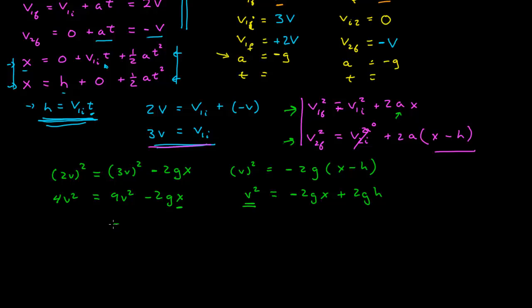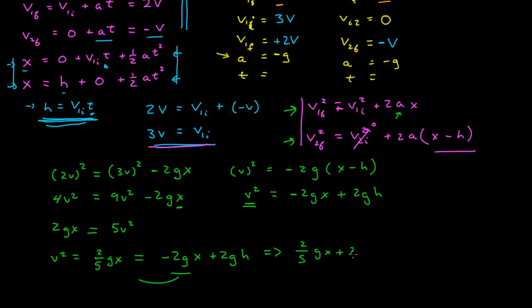Okay, so if I solve this, this gives me 5v squared is equal to 2gx, or v squared is equal to 2/5 gx. So that's equal to minus 2gx plus 2gh. So if I bring this to the other side, this is 2/5 gx plus 2gx is equal to 2gh. Well, first, look, the g's cancel.